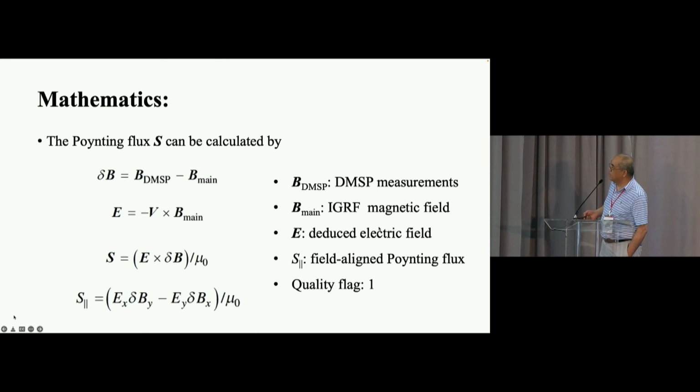So with DMSP you get the delta B, then they use E-cos to get the electric field and calculate the Poynting flux. For their statistical study, they use quality flag 1, which means only very high quality data, removing other data, and use Kp smaller than 3 to make sure it's quiet time.